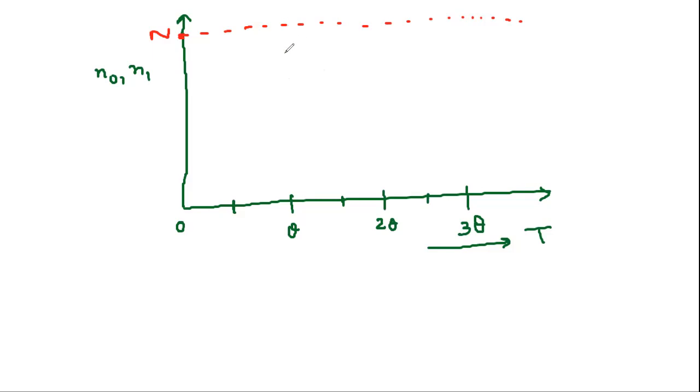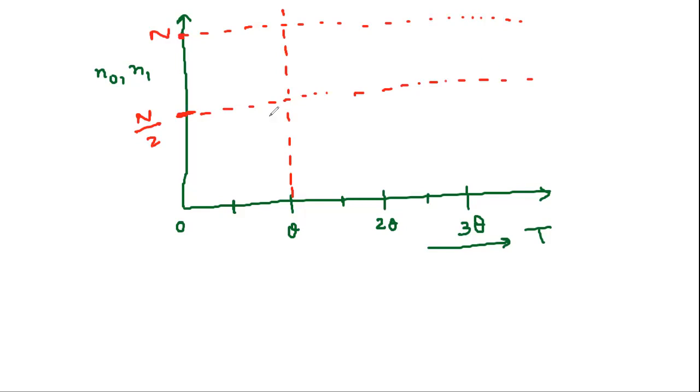Let me do it this way. Now, then I find the point where number is half. So here is N by 2. So let me draw a line pertaining to this.